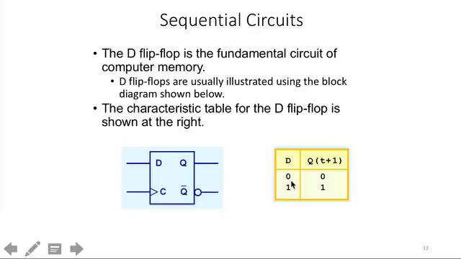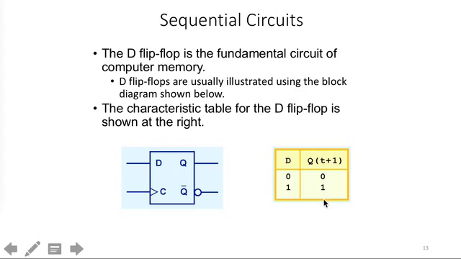So you can think of this like a memory cell: the input D is the information we want to store in the computer memory, and later on you read it out by using the output Q(t+1). The output is always the same as the input. If D equals 0, Q equals 0; if D equals 1, Q equals 1.